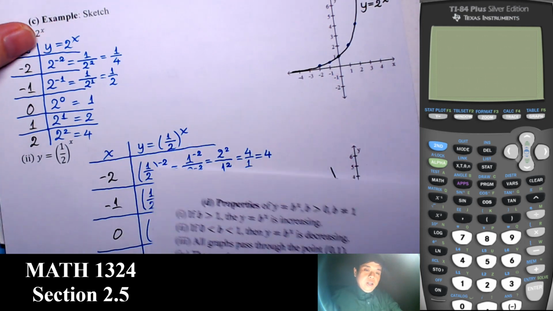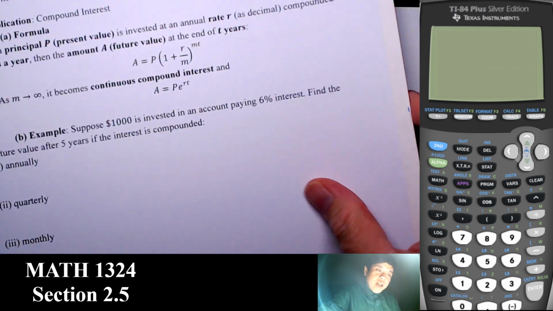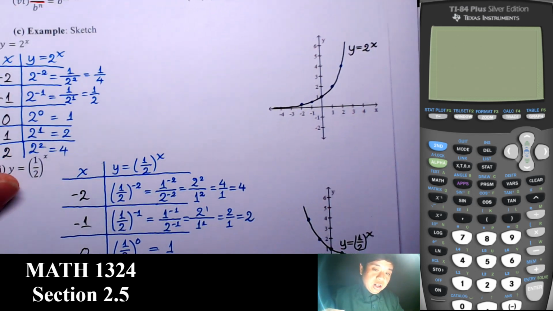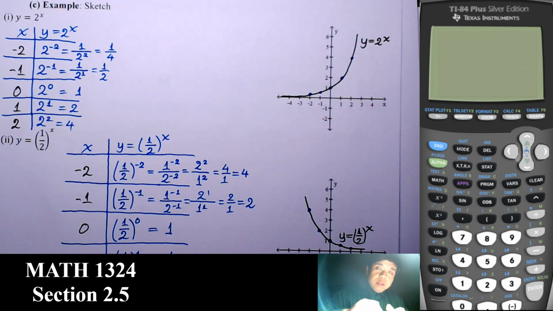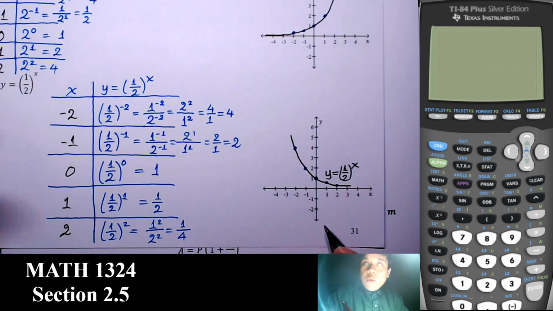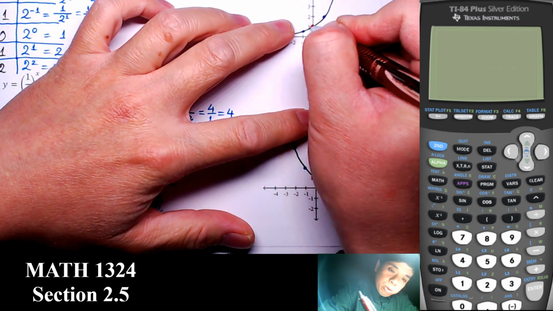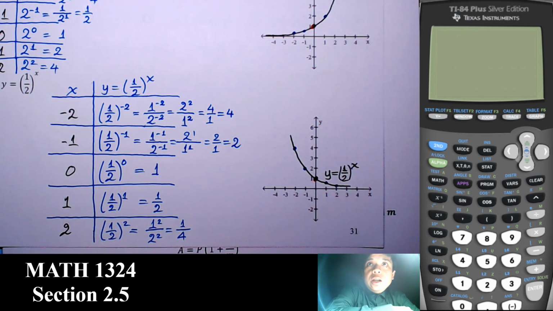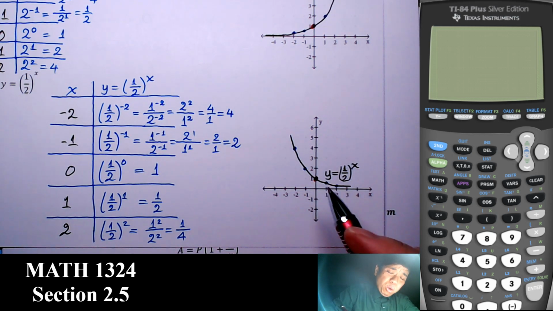Right. So next we study the properties of exponential functions. A few things here: because anything raised to the 0 power is 1, the graph always goes to the point (0, 1). And then we talk about the domain.